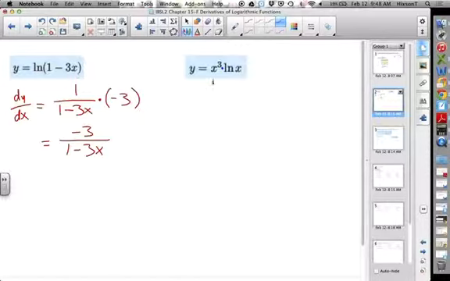Okay? u would be our x cubed, v is the natural log of x, so u prime would be 3x squared, and v prime would equal, what's the derivative of the natural log of x? 1 over x. There we go, 1 over x.